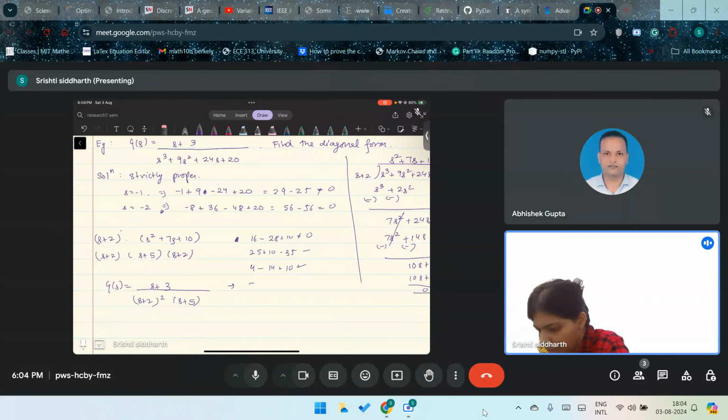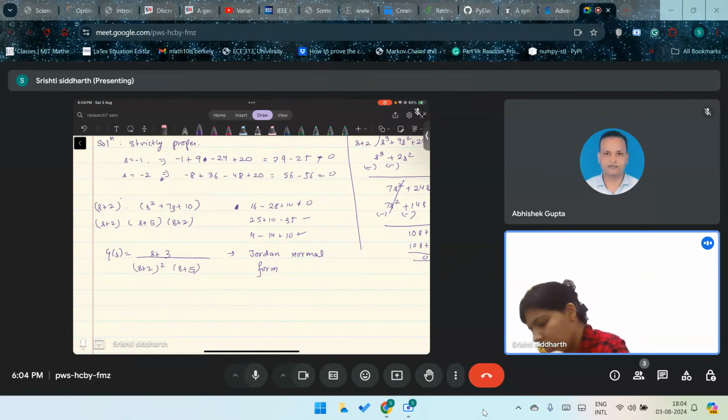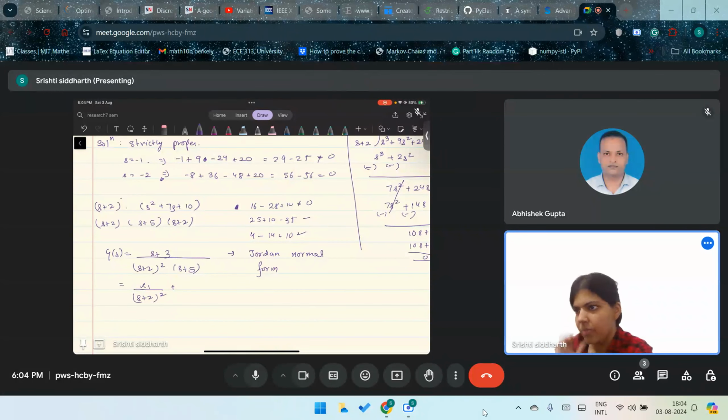So what we can find out is actually the Jordan normal form. For that we do need the partial fraction expansion. We have c1 over (s plus 2) squared, then we have c11, c12 over s plus 2, and then c2 over s plus 5.